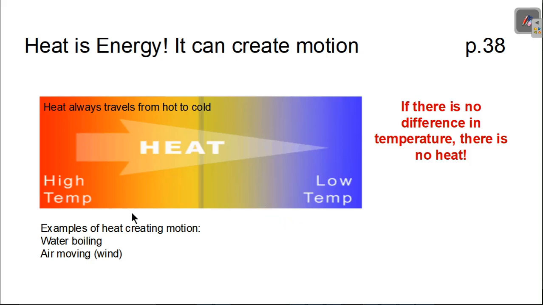You need difference in temperature for the heat to transfer. You need to be able to give me examples of heat transfer. Water boiling, air moving, the wind, the smoke coming out of the logs that we saw a minute ago from the campfire. So not only do you need to know what heat is, but you need to be able to give me examples of heat transfer.